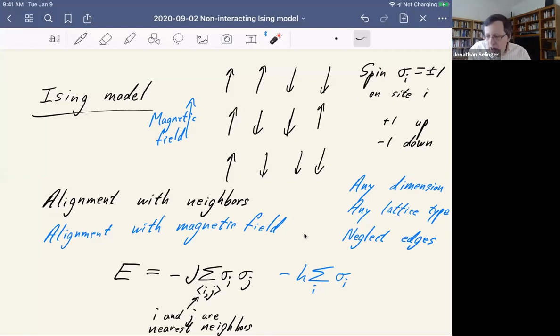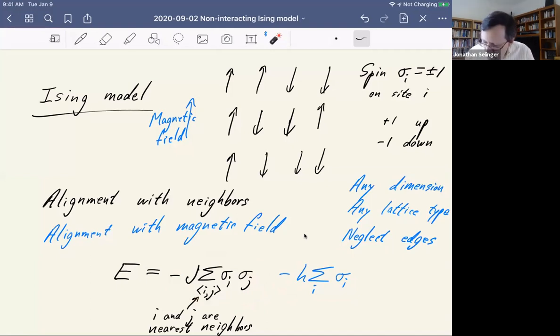Okay? Now, I'm going to show you this term is relatively easy to work with. This term is actually quite hard to work with. Okay? Now, I'm going to start with the easy thing first, and then work my way up to dealing with the harder thing. Okay?